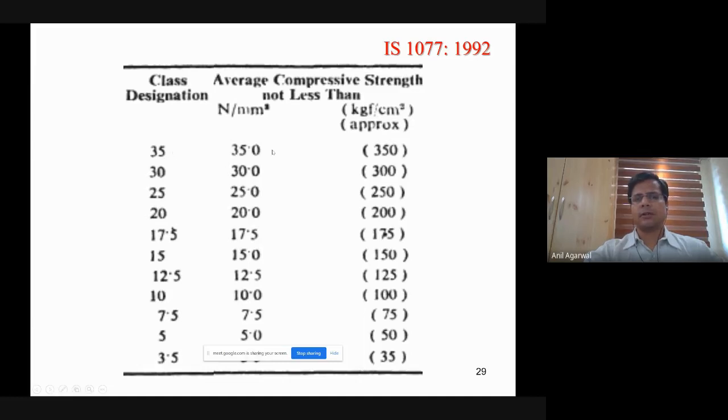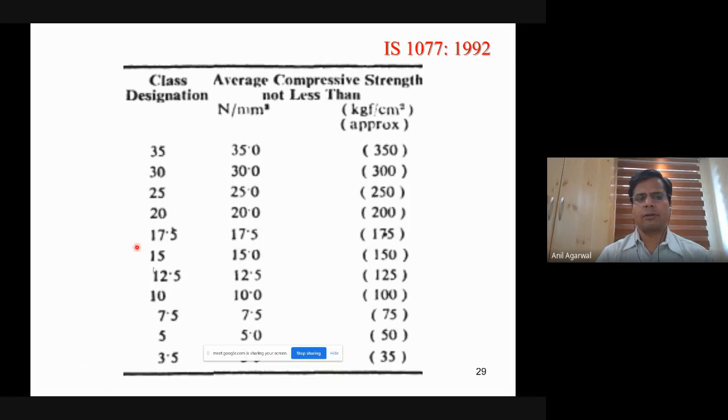So 35 corresponds to 35 Newton per millimeter square or 35 MPa. So if the brick has strength more than 35 MPa, then you will call it class 35. 35 MPa is a pretty strong brick. Likewise, if the average strength of all the bricks that you have tested is between 20 and 25, then it comes under class 20.